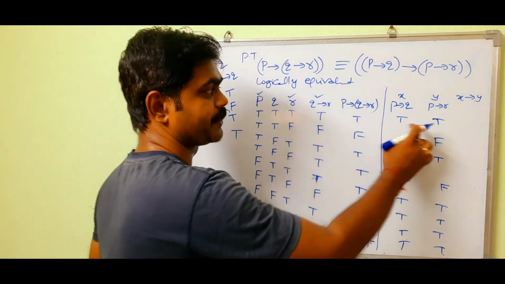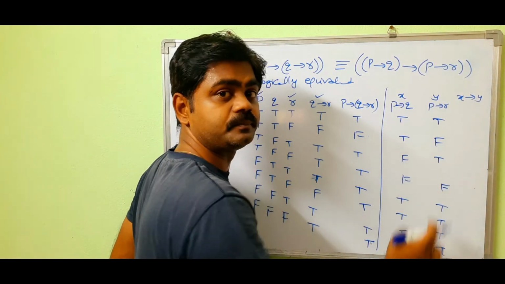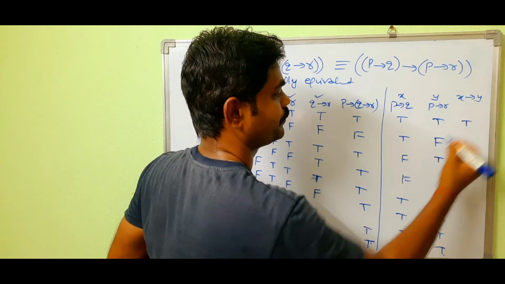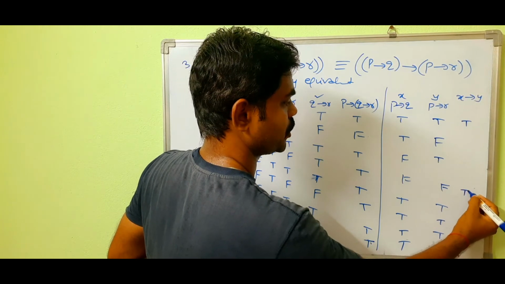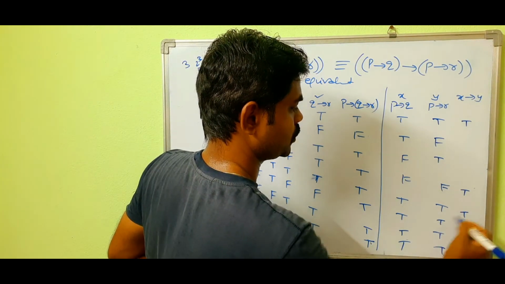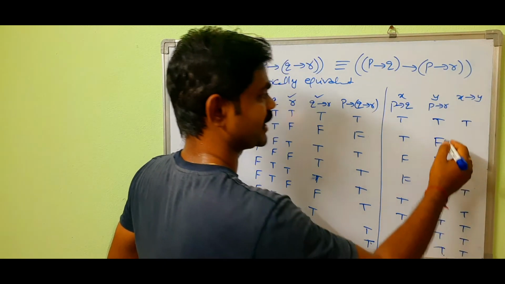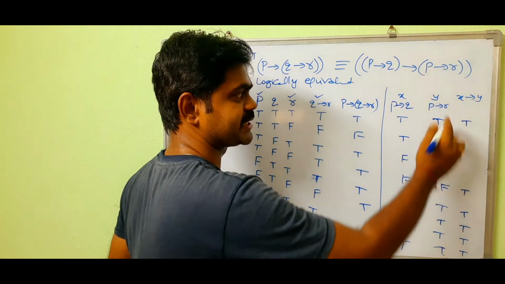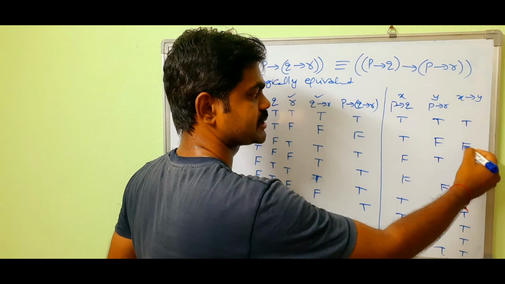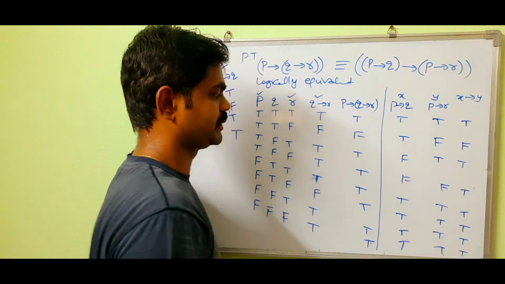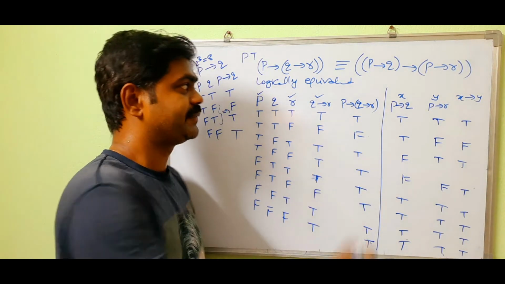Okay. So this one implies this one. So true, true, true. False, false, true. True, true, true. True, true, true. True, true. Okay. So remaining cases, write the values present in P implies R. So false, true. Now check this one.